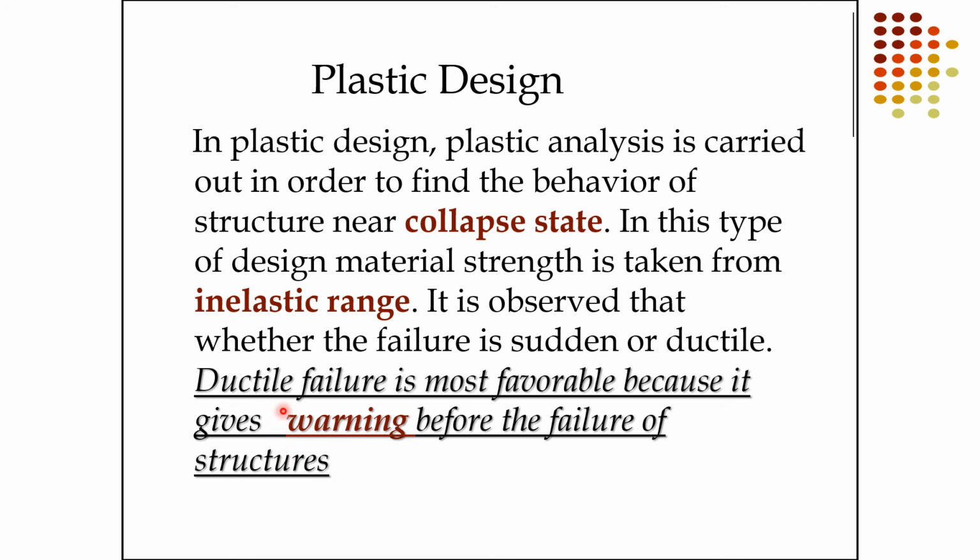Why ductile? If a ductile structure is going to fail, there will be a failure warning: the structure will deform and cracking will appear, so the occupants can evacuate the space easily. We want the ductile failure that comes in the plastic design.